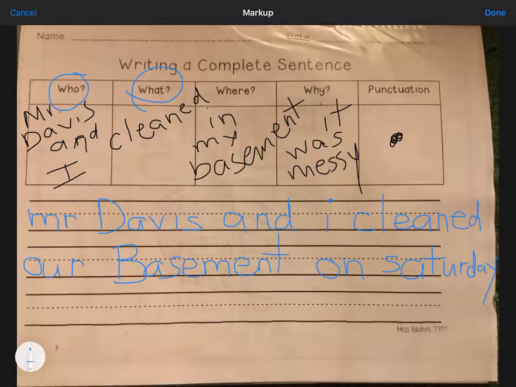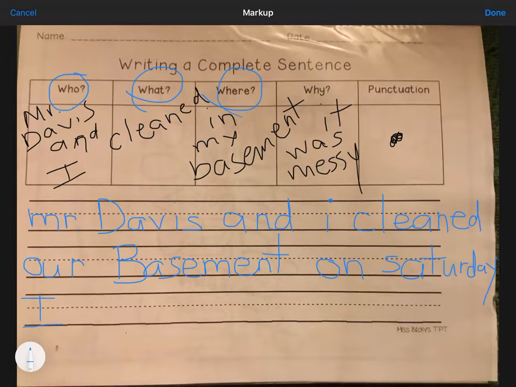Saturday. Okay. Got my where. Sorry. Next is the why. Why did we have to clean this basement? Well, gosh, I would just put it was messy. It's kind of a boring detail, but let's see if I can jazz it up a little bit.